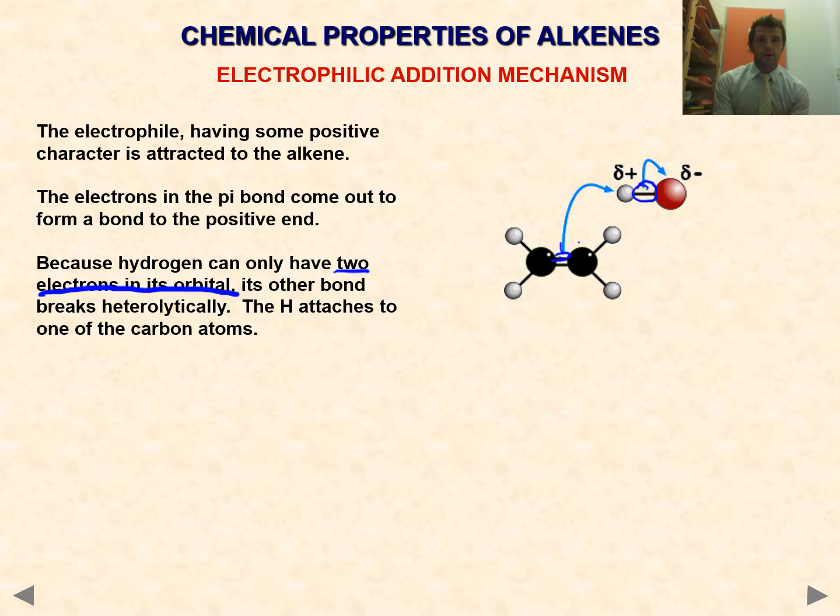Because hydrogen can only have 2 electrons in its orbital, what happens is the other bond breaks heterolytically, meaning it splits in half. The H attaches to one of the carbon atoms, and then we end up with 1 electron over here. So one of these electrons is going to jump onto the hydrogen, and the other one is going to just stay there as a carbocation.